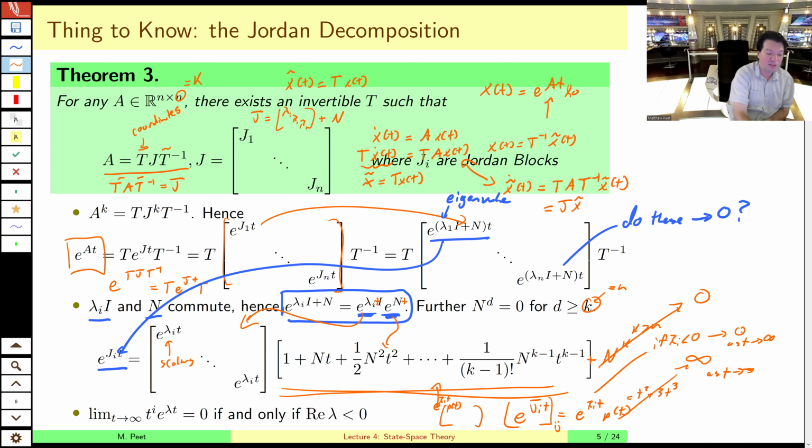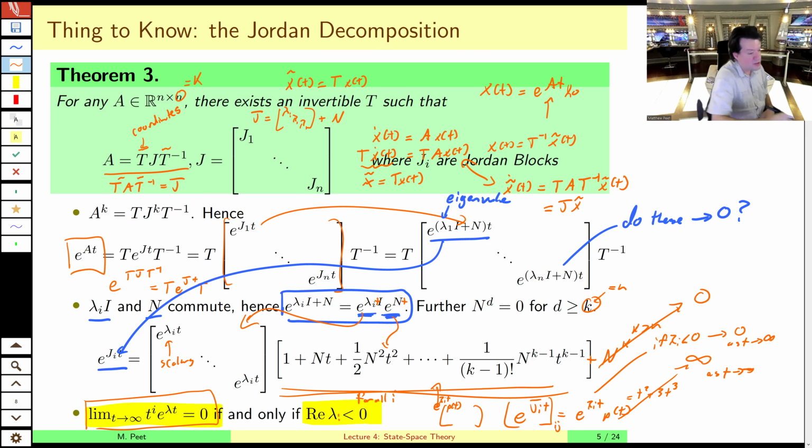Now you have something going to 0 and something going to infinity, but the point is that exponentials go to 0 much faster than polynomials go to infinity, and so in the end every term in this solution is going to go to 0 if and only if all the real parts of those lambda i's are less than 0, for all i.